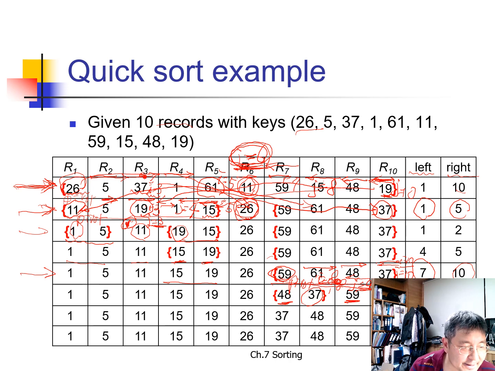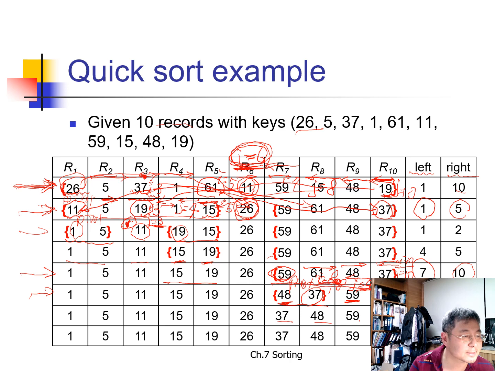Okay, so left part of this line is 48 and 37. There are two elements here, so we will exchange. 37 goes here, 48 goes here, and 59, 61 is here. Okay, 61 is only one element in the set, so 61 is here.